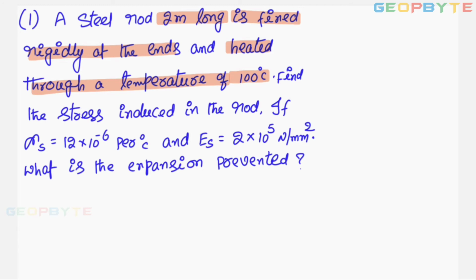Find the stress induced in the rod if alpha s, coefficient of linear expansion for steel, is 12 into 10 power minus 6 per degree centigrade, and Young's modulus for steel is 2 into 10 power 5 Newton per mm square.